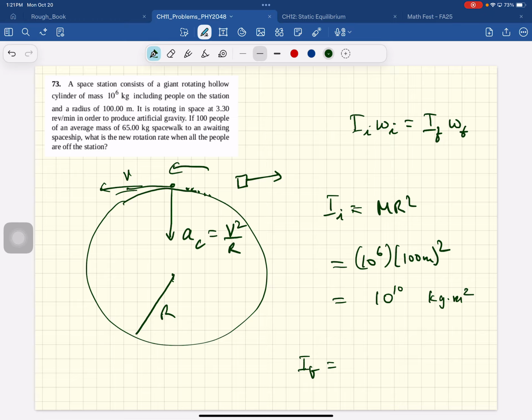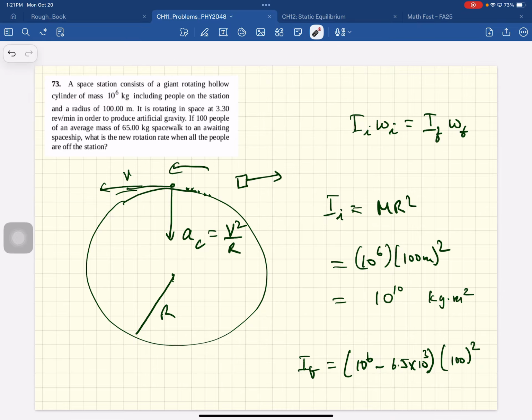The final moment of inertia. Now what has happened? What is the mass now? You lost 100 people, and you lost that mass. So the mass has decreased to 1,000,000 kg minus 6.5 times 10 to the 3 kgs, times 100 squared. So you've lost that much mass.